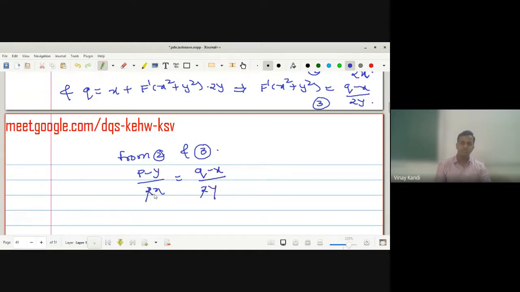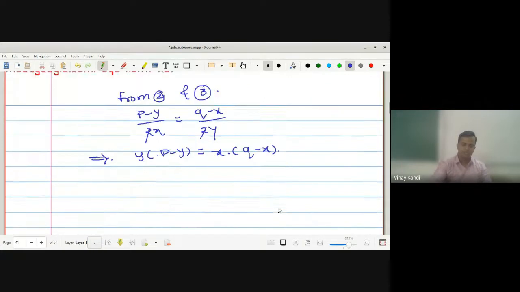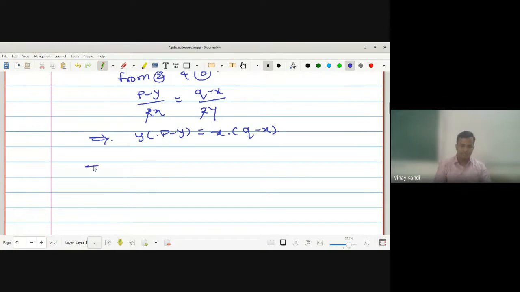Remove these two to get cancelled. So what we get here: y into (p minus y) is equal to x into (q minus x), which implies yp minus xq plus x square minus y square is equal to 0. So this is the required partial differential equation.